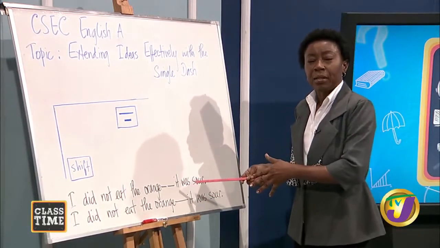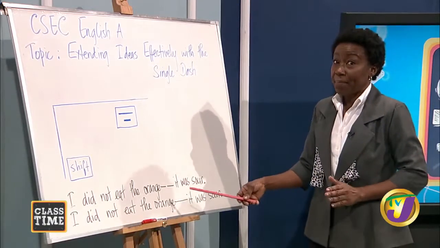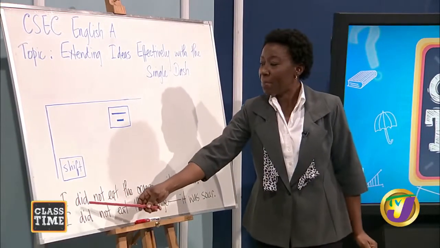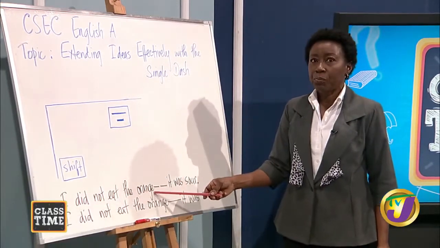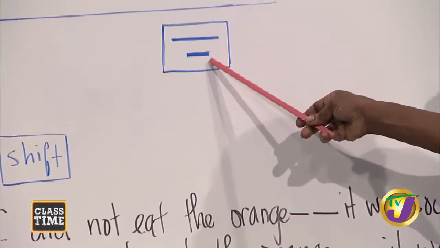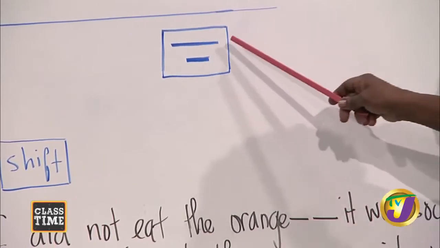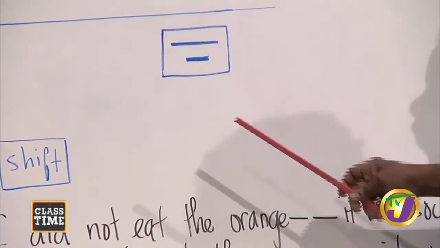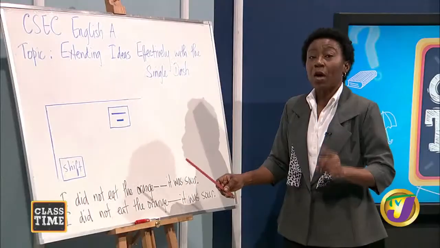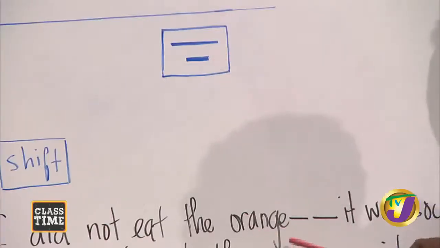On the machine, something else happens. So when you are typing, let us say you type, I did not eat the orange. And you go up here. If you do it once, you're going to get this, not the longer one. So when you're typing, in order to avoid getting a hyphen, which this is going to give you, I did not eat the orange, tap, tap, and continue.